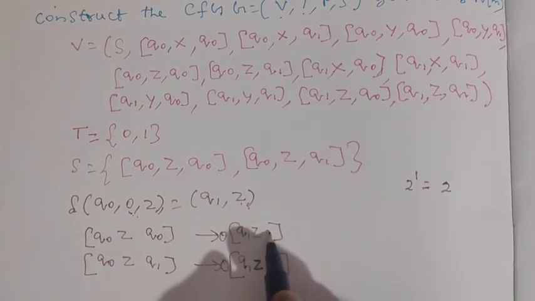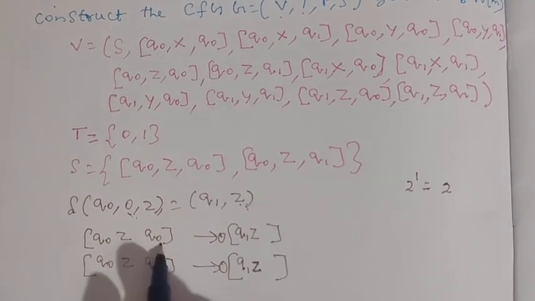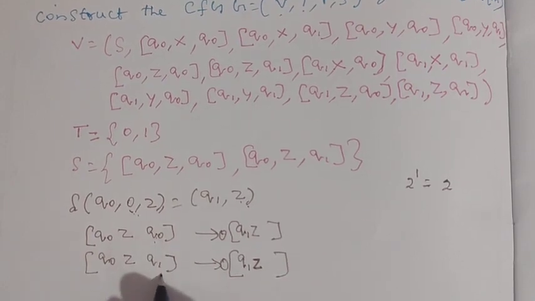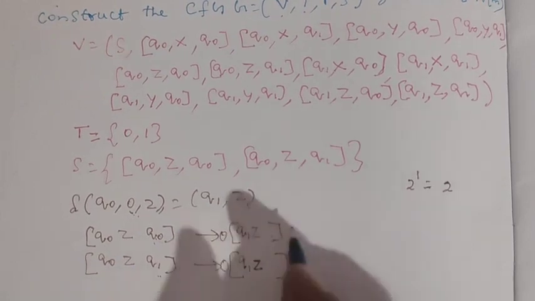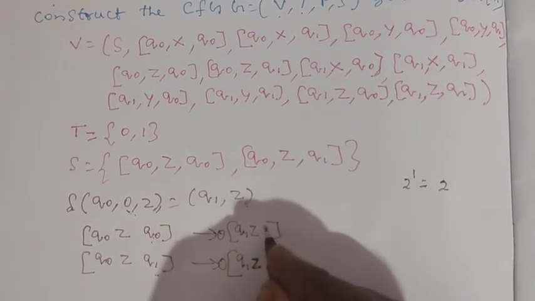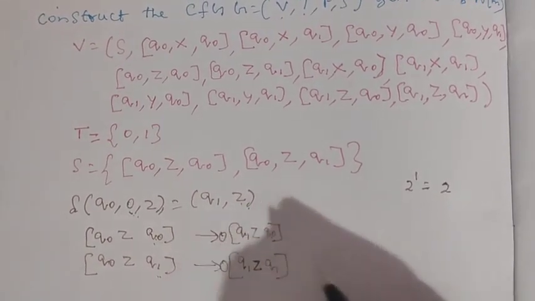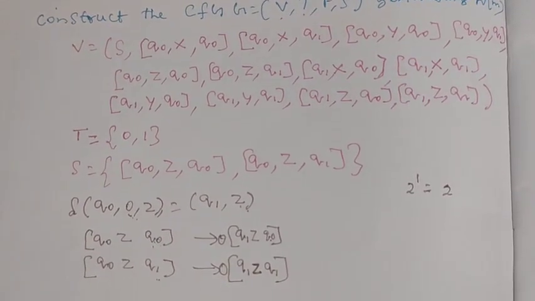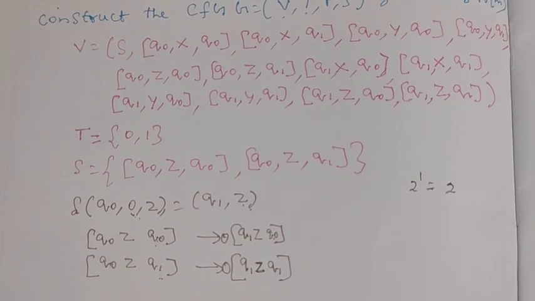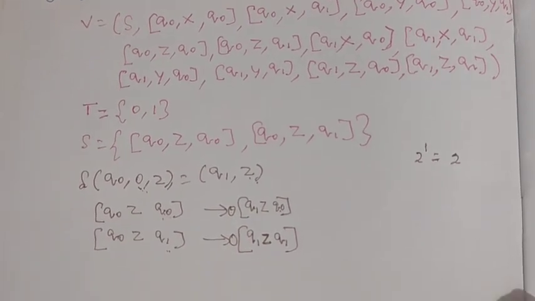Now, what about the third symbol here? You have to exactly replicate this. So Q0 and Q1 are in the input, so you have to exactly replicate this here. So I will write here Q0 and Q1. So this is the production for the transition function Q0, 0, Z is equal to Q1, Z.